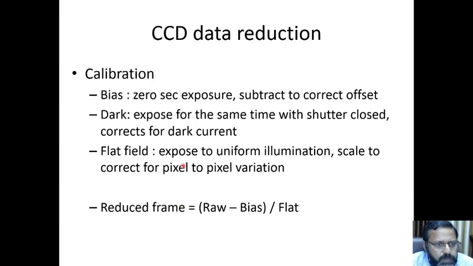So to remove the artifact because of this pixel to pixel variation, a flat field image is taken where the chip is illuminated using a uniform light source to generate a flat field, and a normalization is done to get the pixel to pixel variation, and the raw image is scaled using this flat field.